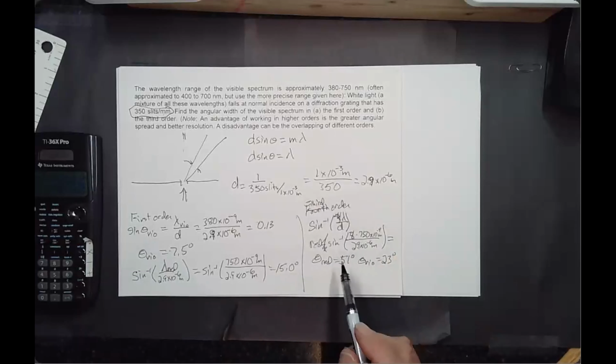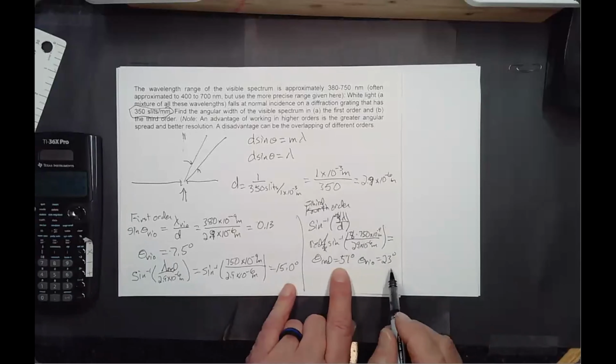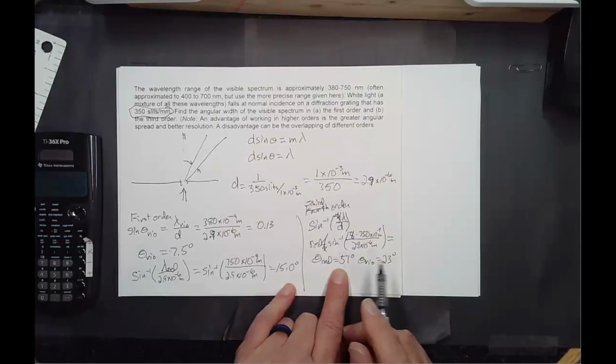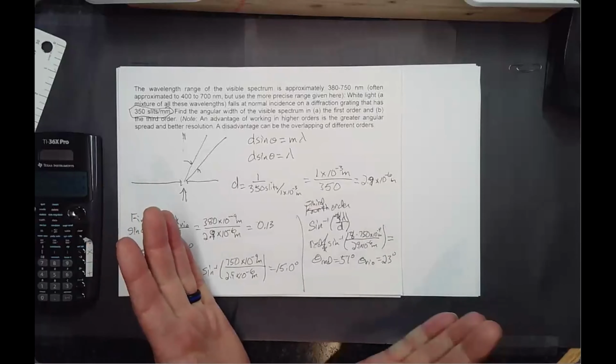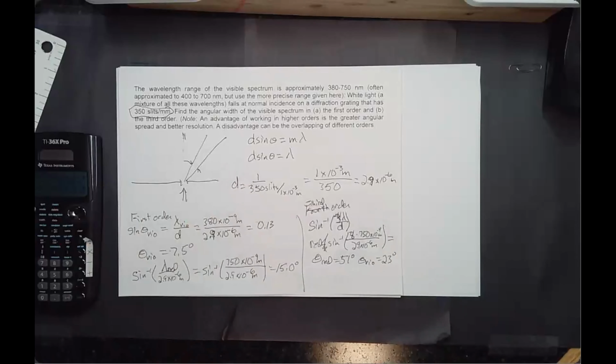Like I would guess if I did the second order one, not sure just how it would work out. But anyway, this is quite a large spread. 23 degrees to 51 degrees. That's spread over, what, 28 degrees? And so that's where your rainbow is, and if you've got a viewing surface that's quite a ways away, then you can have those spread over a fairly large distance.